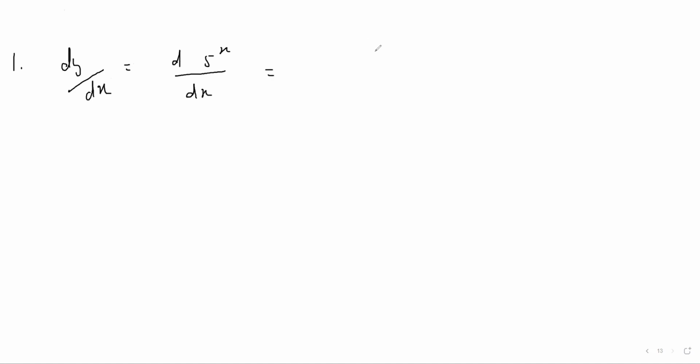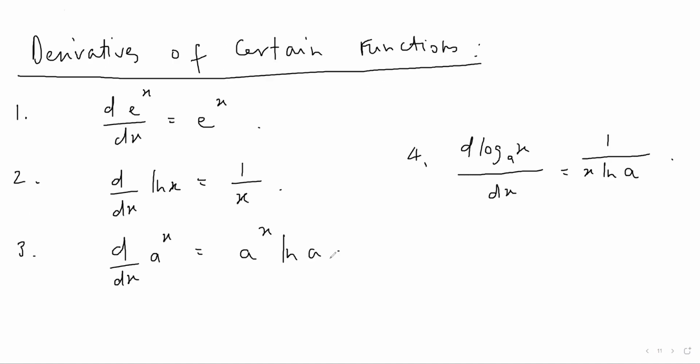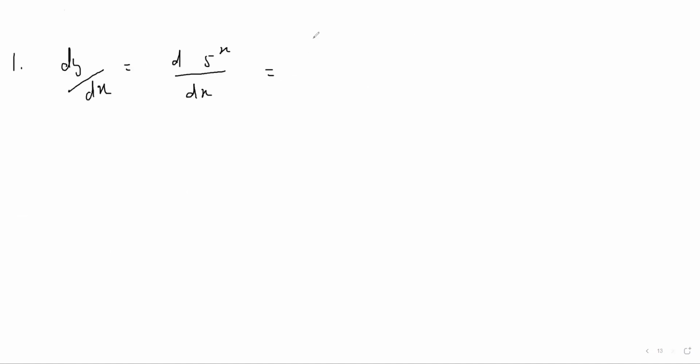Using number three over here, this is basically equal to 5 to the power x multiplied by ln of 5. Simple as that. 5 to the x times ln of 5. That is the derivative of 5 to the x.